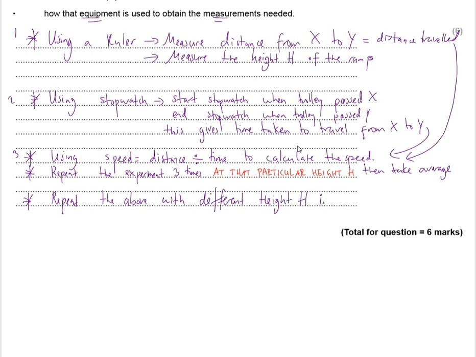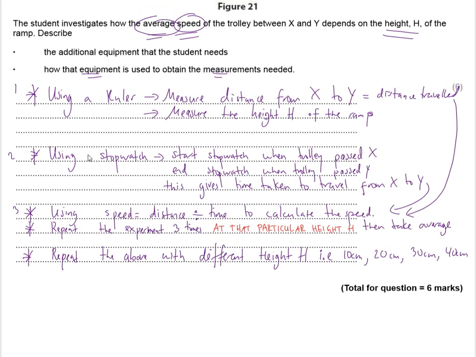So for example, let's say at the start I don't know, we have 10 centimeters, and then we do 20 centimeters, and then we do 30 centimeters, and then we do 40 centimeters. Okay, now what we're showing is that we know what to use to find the distance, we know what to use to find the height, we know how to use the stopwatch, when to start, when to end, and then we're showing that we know how to work out the speed.